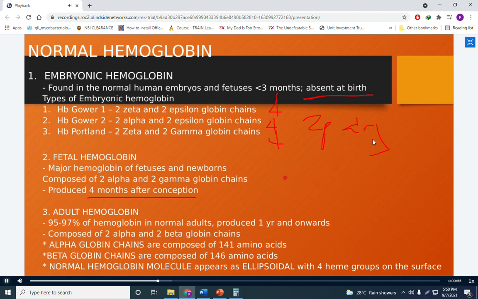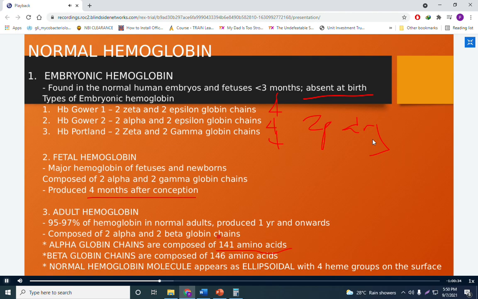Now, you were asked, class, what are the building blocks of protein? It is amino acids. Since your globin chains are protein, you expect them to have amino acids. Your alpha globin chains have 141 amino acids.